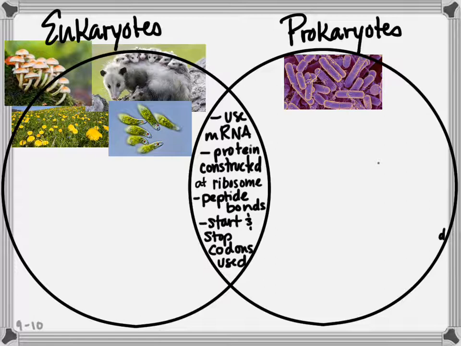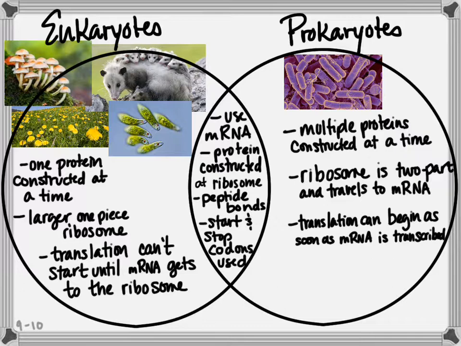Oh yeah, and both of them use a ribosome. The differences in protein synthesis in bacterial cells and your cells, however, are what make it possible for some antibiotics to attack the bacteria without damaging your cells. Well, that's pretty cool, huh?